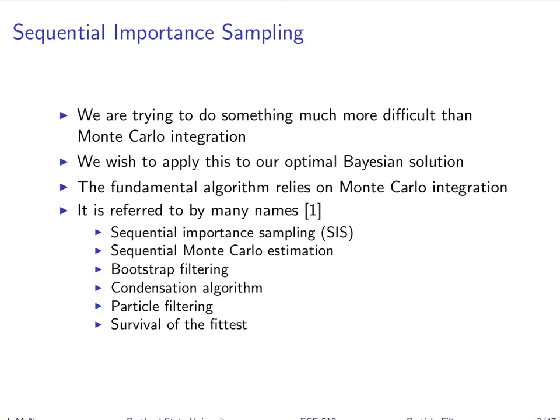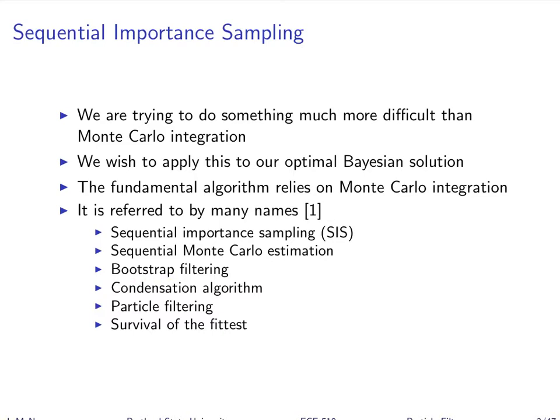It has a lot of different names. Probably the most common name is particle filter, but it has other names as well. Some people call it sequential importance sampling. Sometimes it's called sequential Monte Carlo estimation. And now that you know about Monte Carlo integration, you can guess why. It's also sometimes called bootstrap filtering.